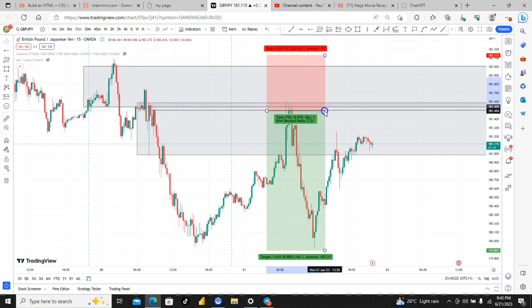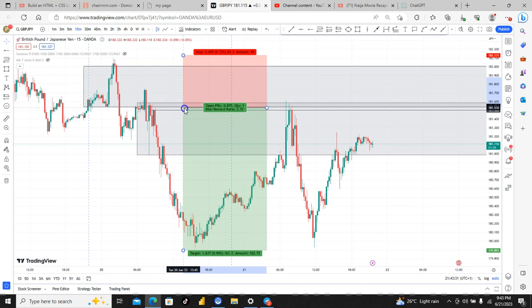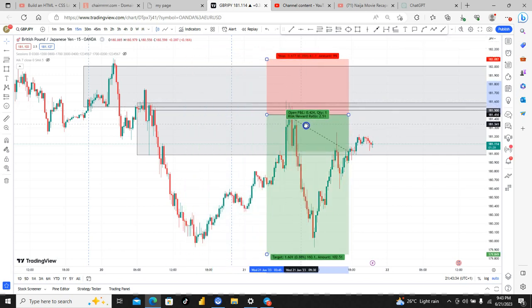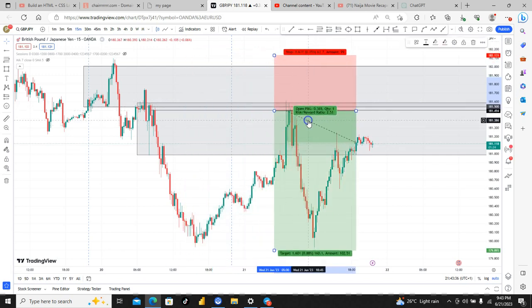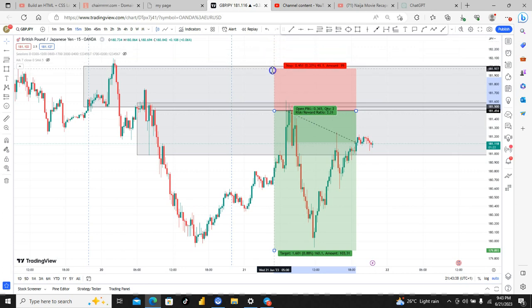Took it from the close of my other block. Stop loss above this level, just 30 pips.